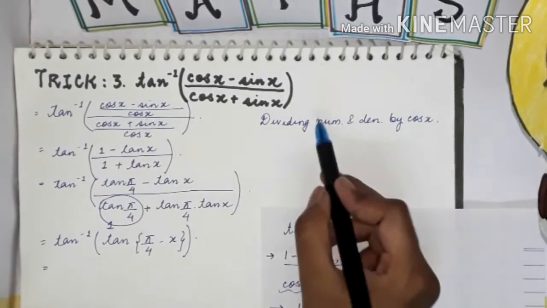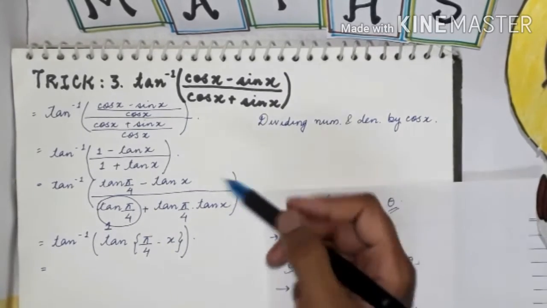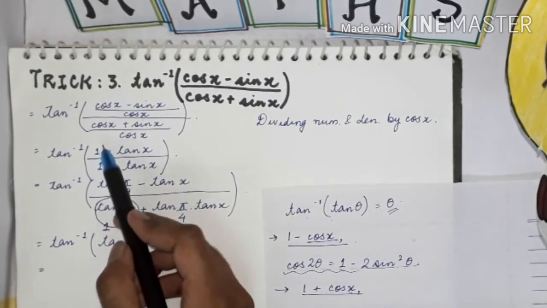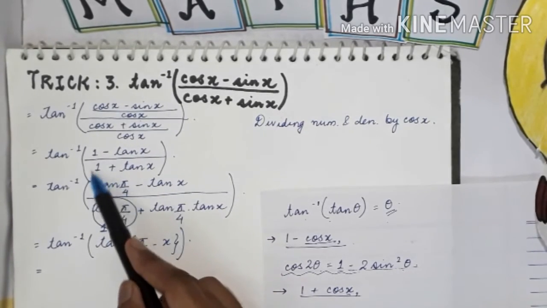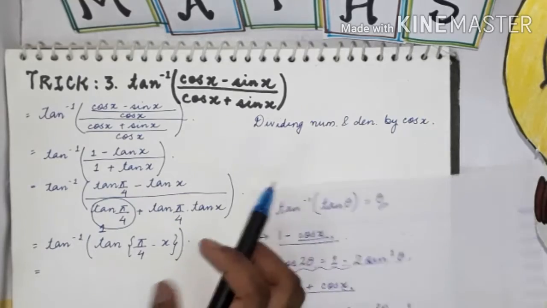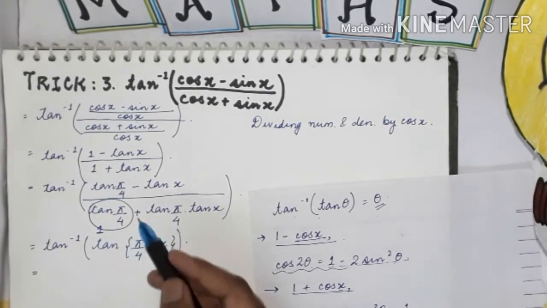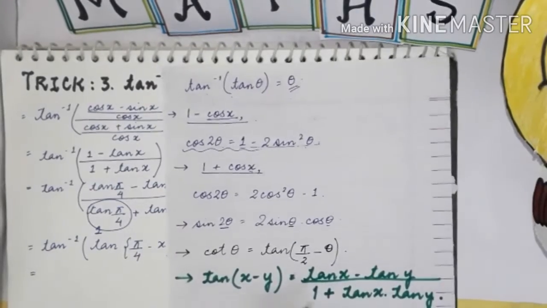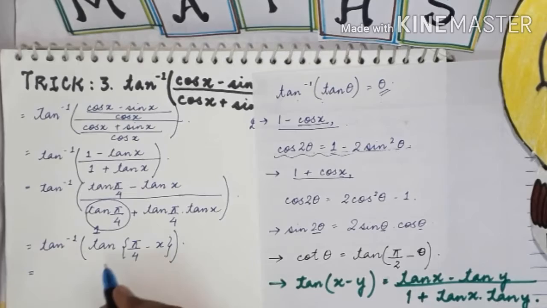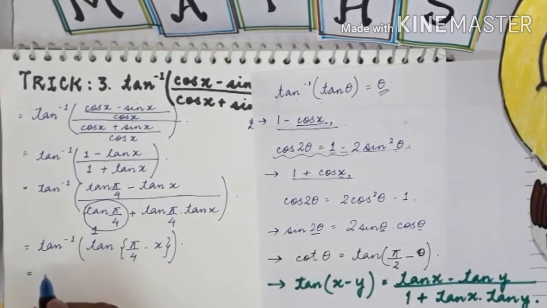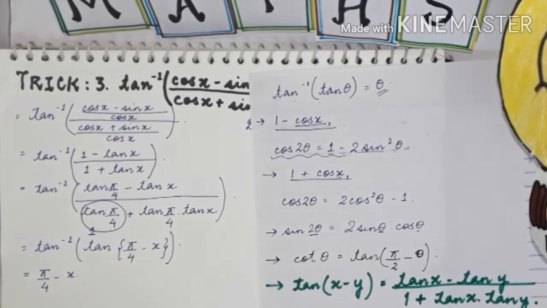First step, divide numerator and denominator by cos x. Then the second step, replace the 1 in the numerator by tan pi by 4 and keep the 1 in the denominator as it is. Don't have to remove this one also by tan pi by 4. Then this is the identity you have to use here. Now tan inverse tan theta is theta. So it is pi by 4 minus x.